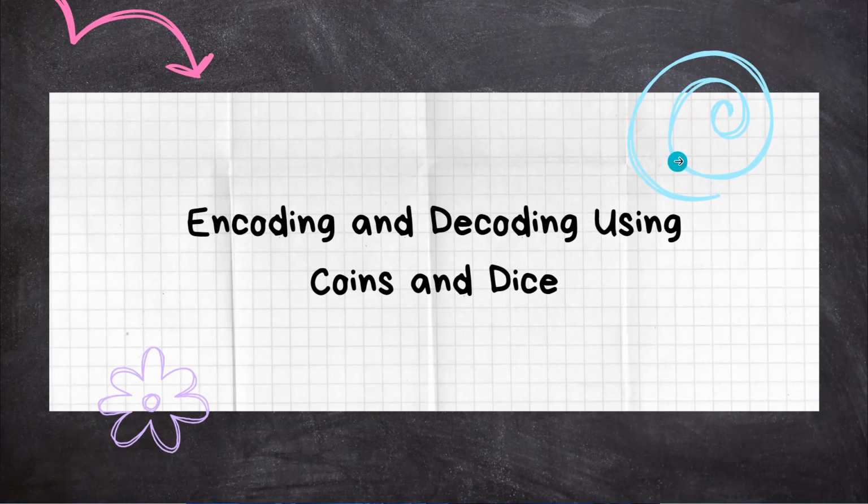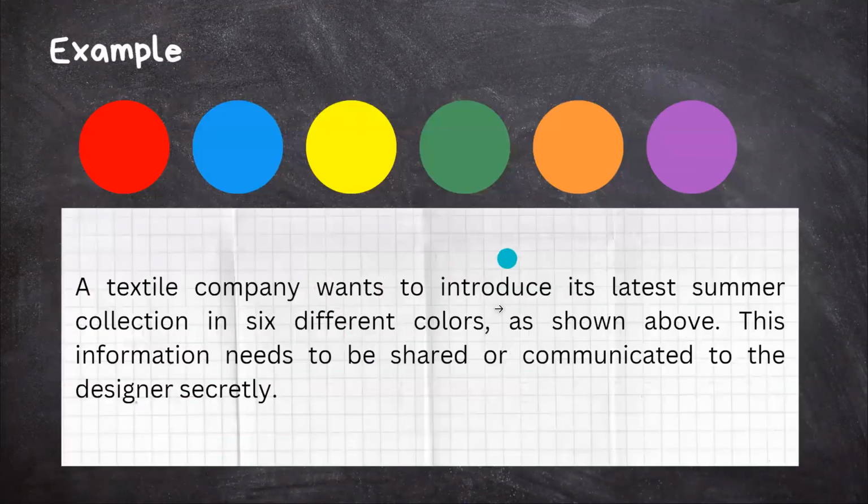Okay, so this is the example with the help of which we'll try to understand how we can communicate using coins and dice, right? The situation is described here, and it says that a textile company wants to introduce its latest summer collection in 6 different colors as shown above. So you've got red, blue, yellow, green, orange, and purple colors here.